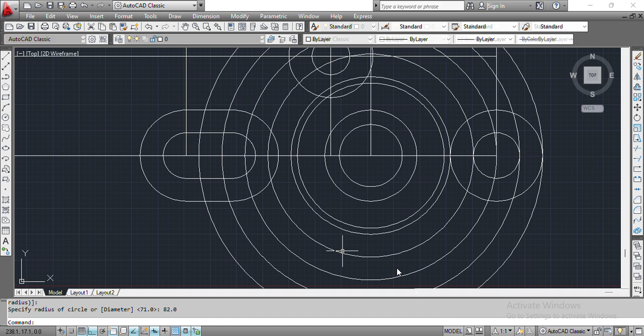This is the circle of R35, this is R38, this is R49, this is R60, this is R71, this is R82.